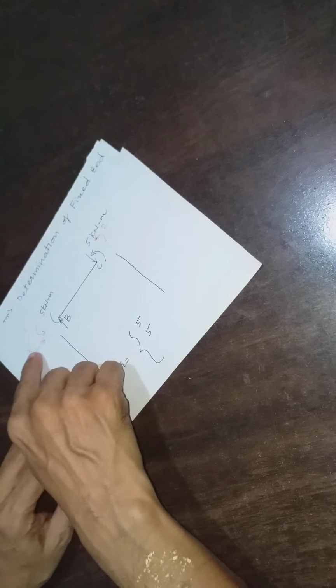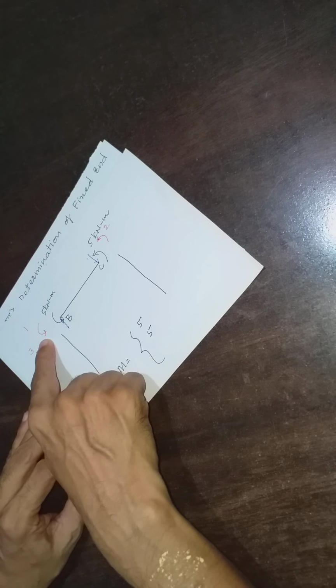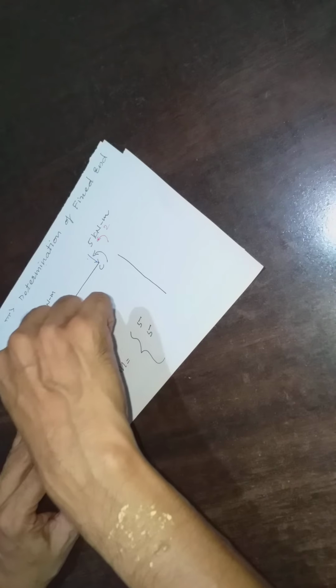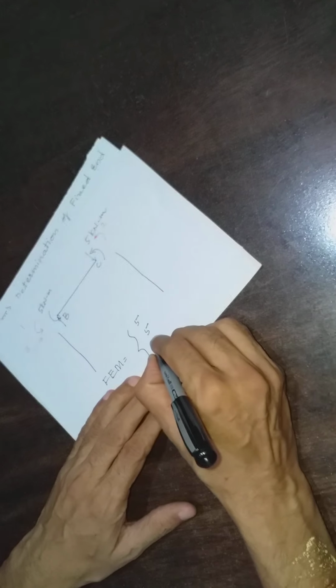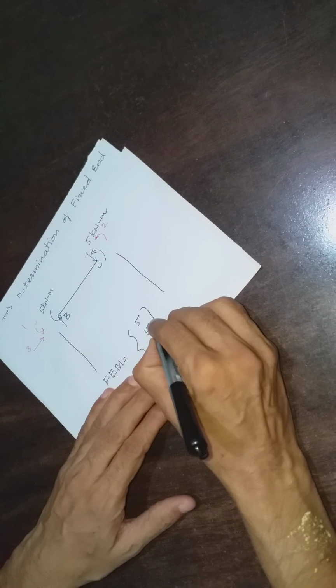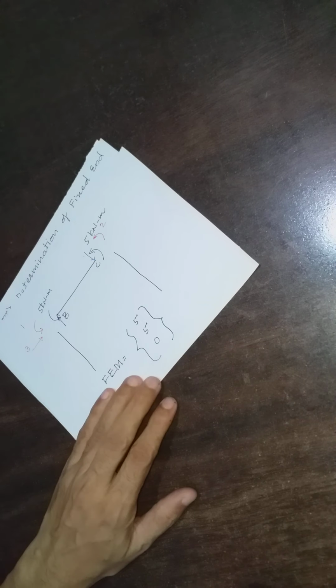But is it corresponding to coordinate 3? No. Since there is no moment in the portion AB and no moment in the portion CD, there is no reaction for AB and CD, and that is why there is no reaction acting at coordinate 3. So FEM3 is equal to 0, and my FEM matrix is 5, 5, 0. So I have calculated the fixed end moment and the fixed end moment matrix.